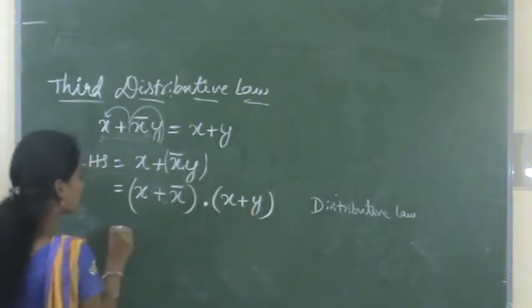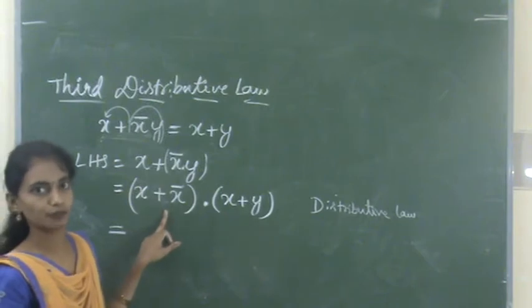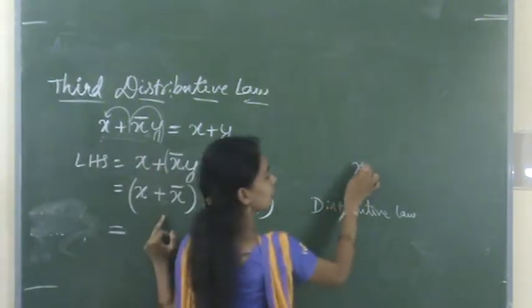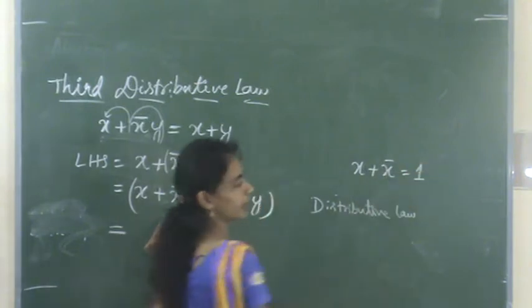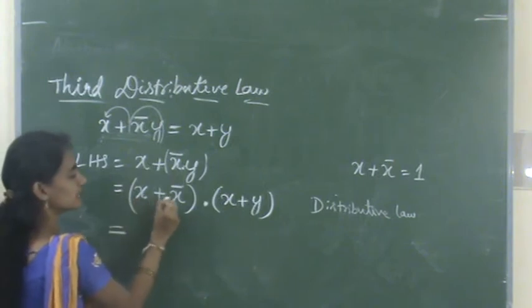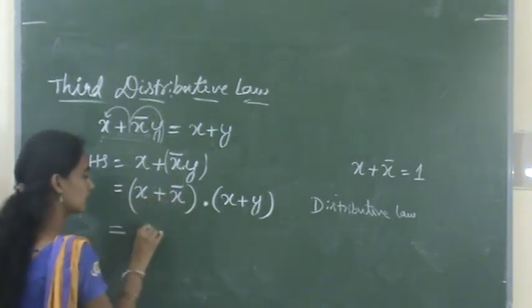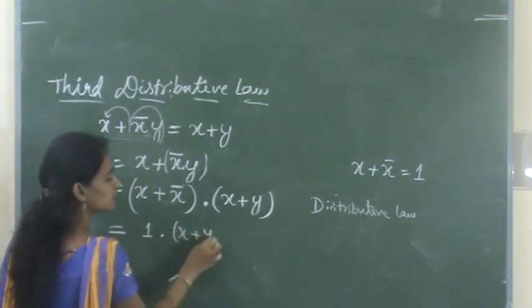Okay. So now as we know the complementary law, right? So people are remembering x plus x bar is equal to 1. Okay, so that is the complementary law. So x plus x bar is equal to 1 into x plus y.